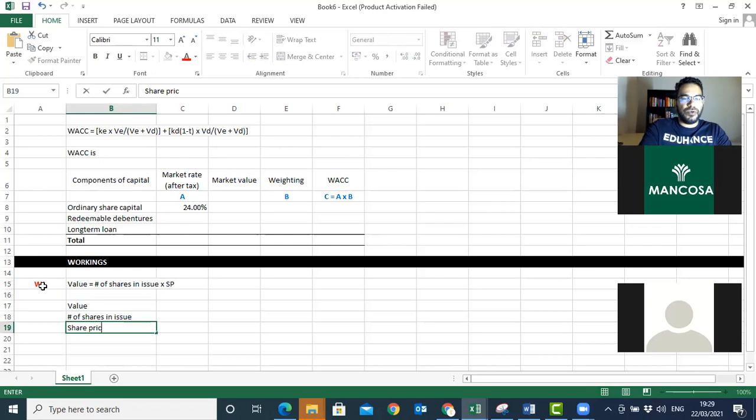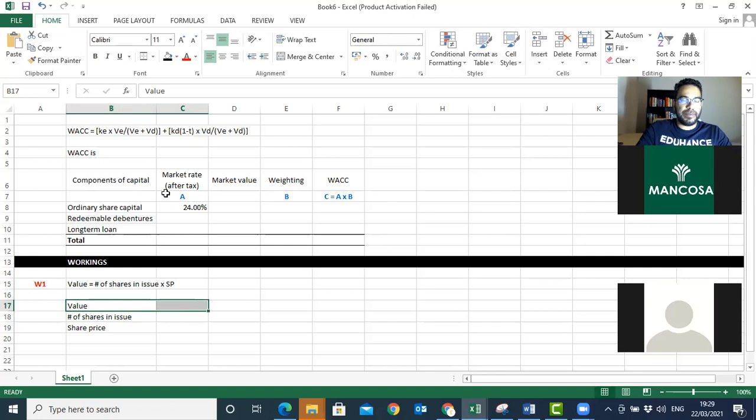What's important to note is that it is not any shares, it is the number of shares in issue. It is not the authorized number of shares, so be aware of that. So I want the value, and what I'm highlighting in green is my answer.